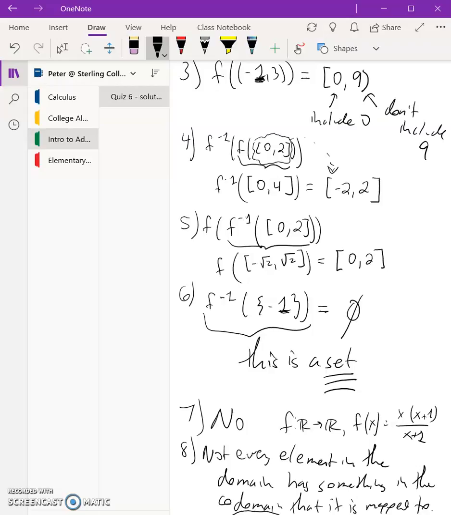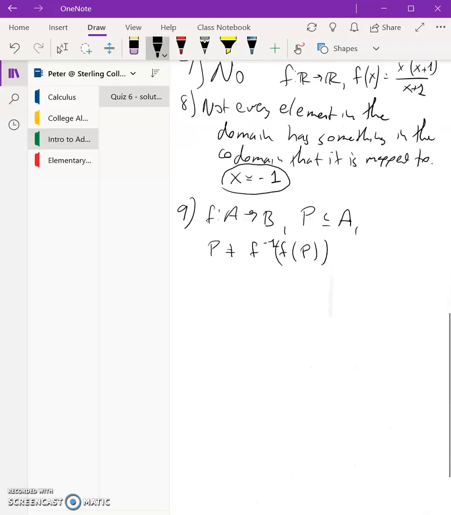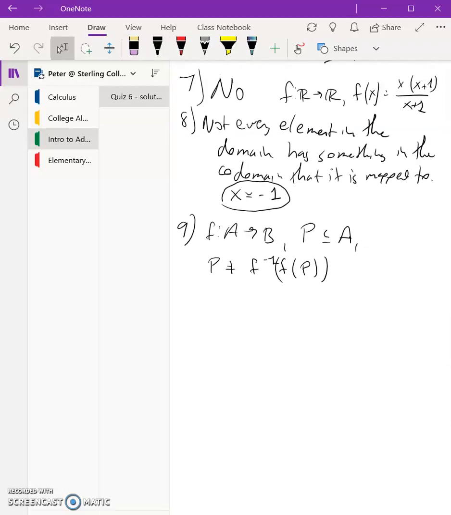Well, you see that's negative 2 to 2. So question 4 was actually a perfect example for this, if you were to work with the sets properly.